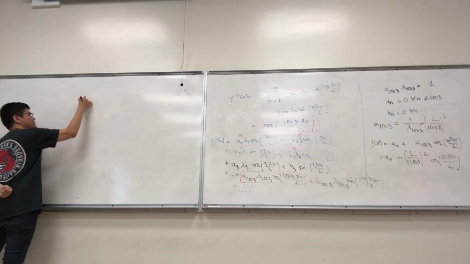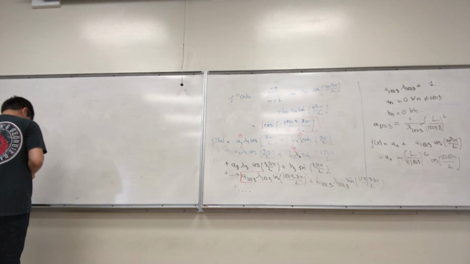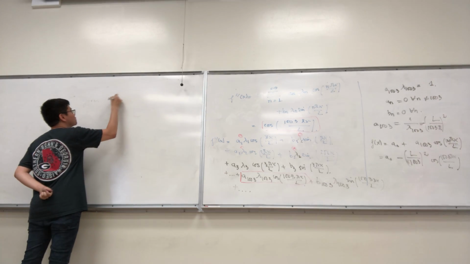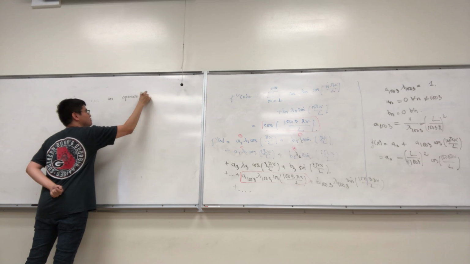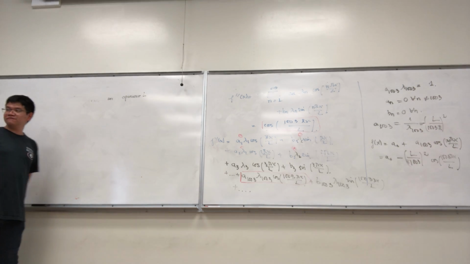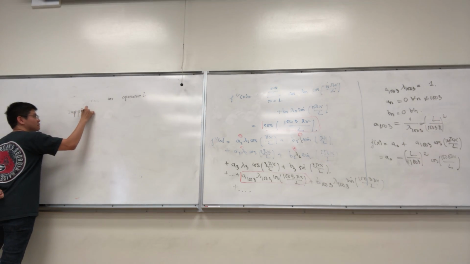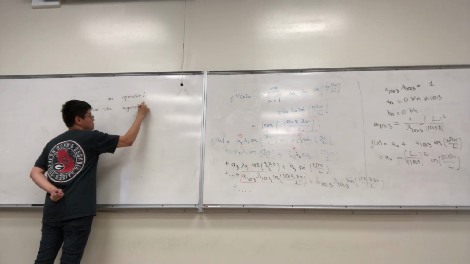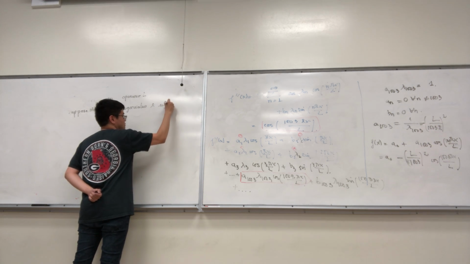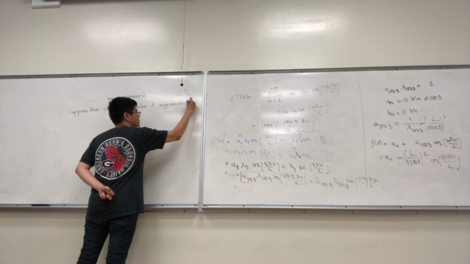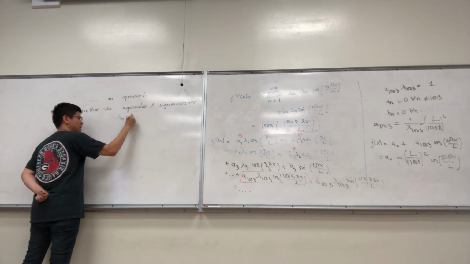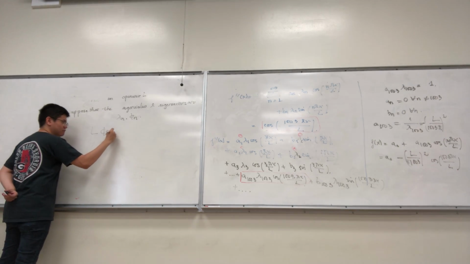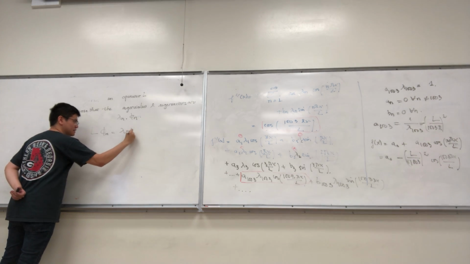Given an operator L, suppose that the eigenvalues and eigenvectors are lambda n and phi n, meaning that L of phi n is lambda n phi n.